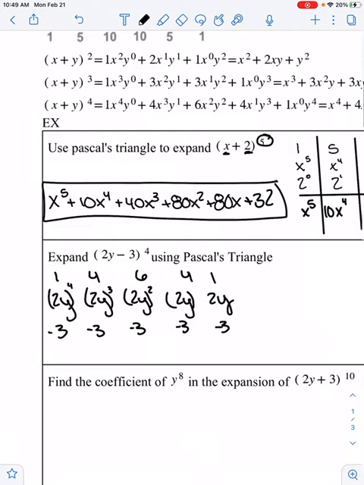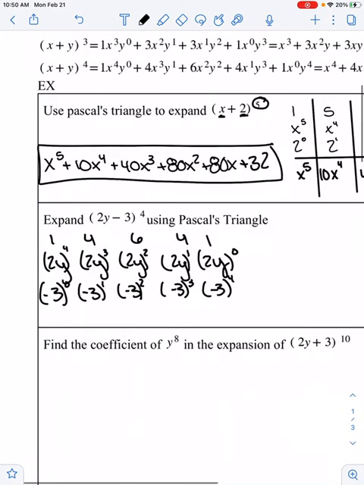And then our second one starts at 0 and then goes up. And we'll section those off.